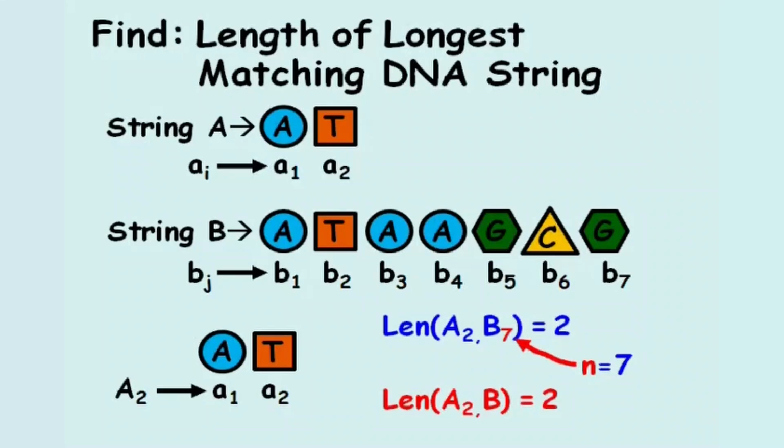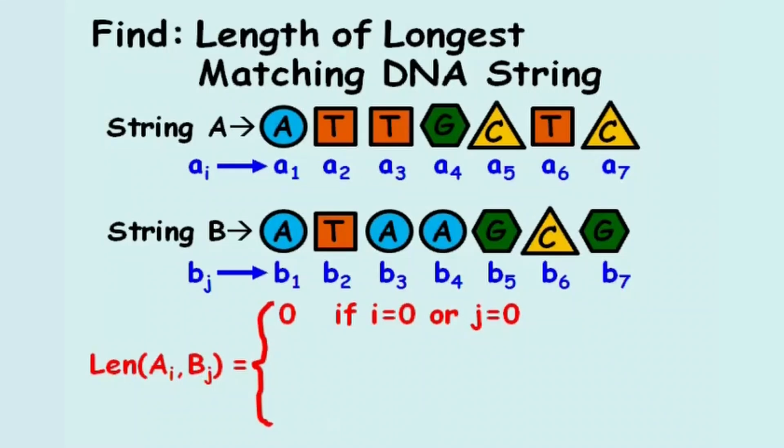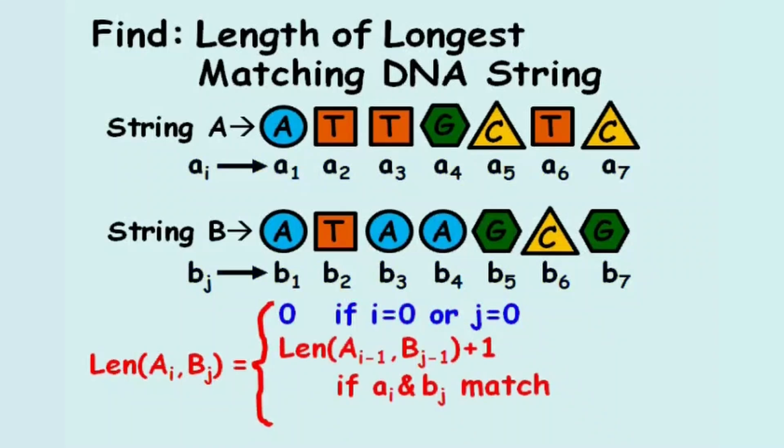Our rule for determining the string length is as follows. For a string terminating in cells Ai, Bj, the length will equal 0 if i equals 0 or j equals 0. If base Ai matches Bj, then length Ai,Bj will equal length Ai-1,Bj-1 plus 1.